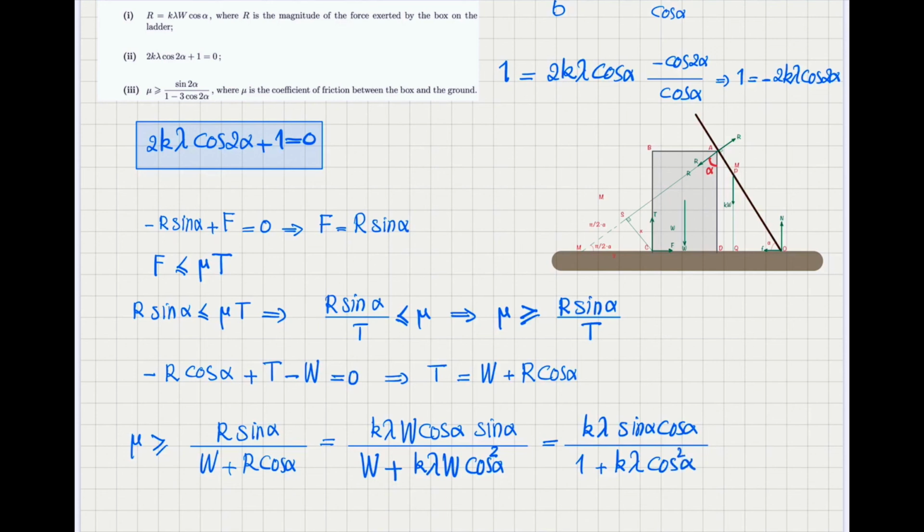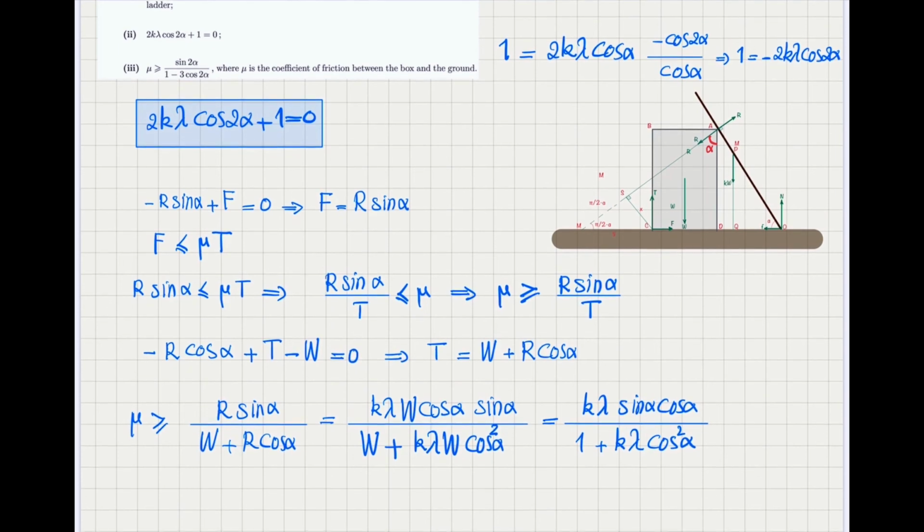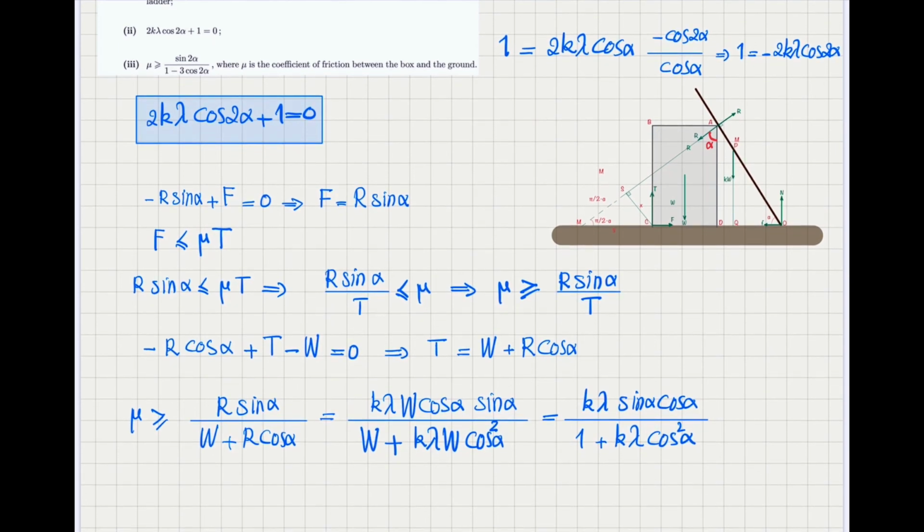Okay, but still there is something to be done, because you see that k and lambda are still here, but I want to have an expression without these dependencies, so I want to have it in terms of alpha only. But immediately I can read k lambda from there.